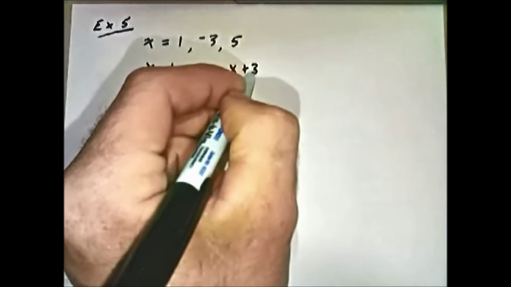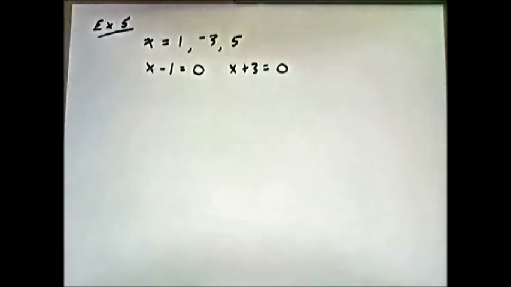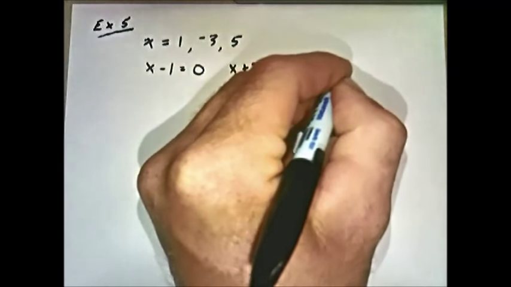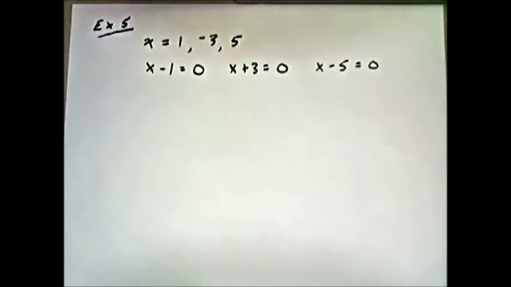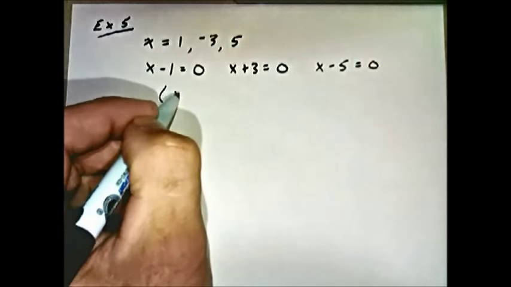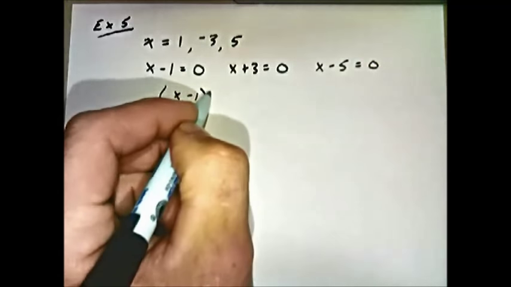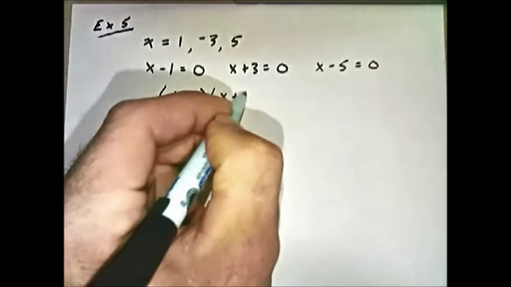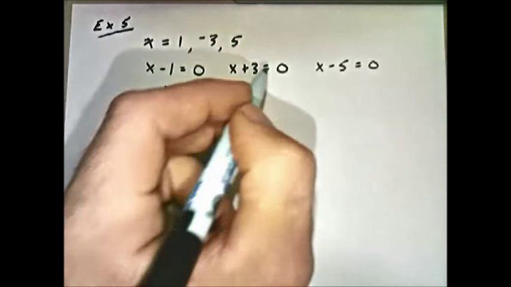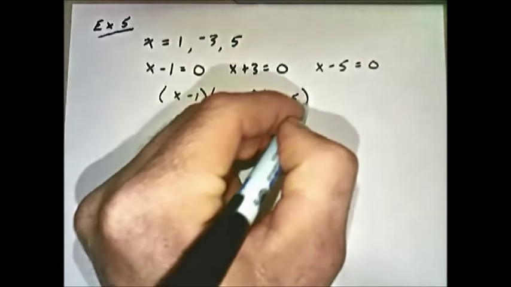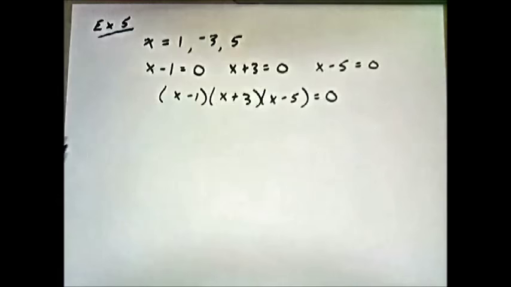Likewise, x plus 3 equals 0 is a factor, and x minus 5 equal to 0 is a factor. So we can take x minus 1 from this factor, the x plus 3 from this factor, and this x minus 5, and set them equal to 0.